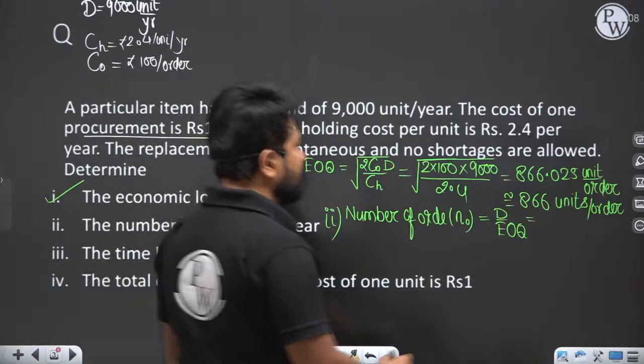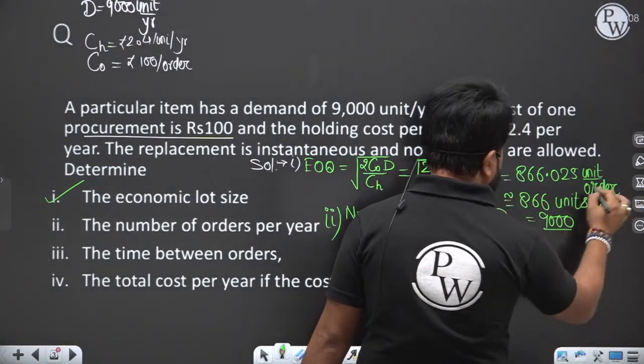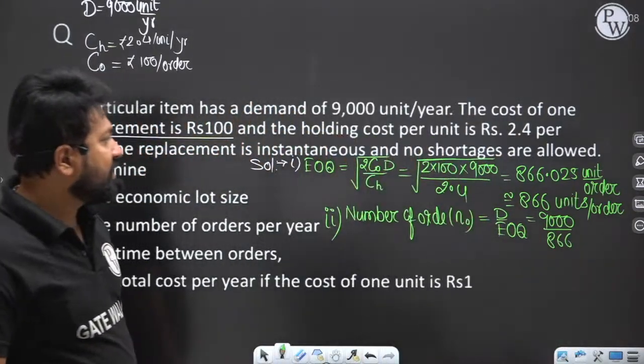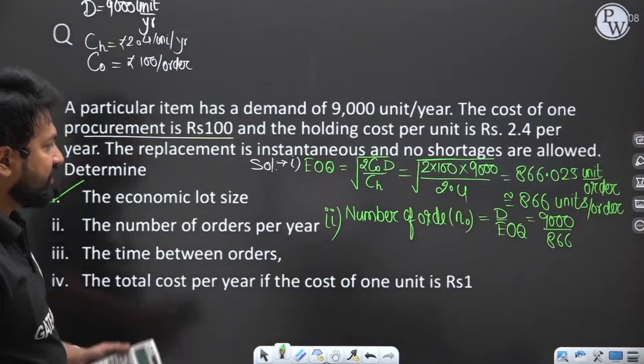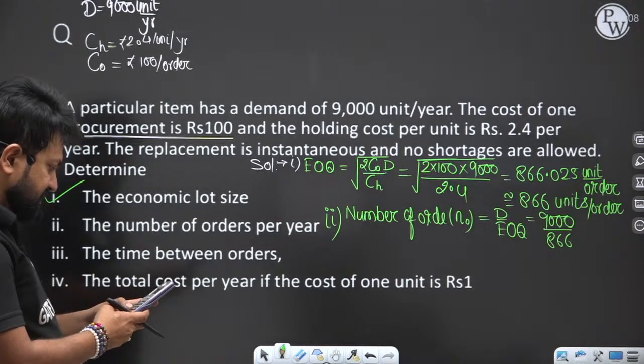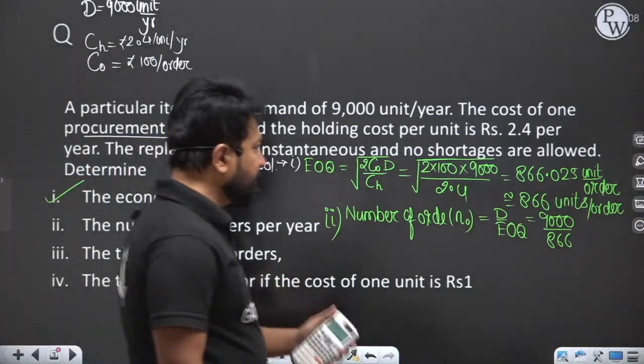Demand is 9,000 divided by 866. Now this number of orders will become 9,000 divided by the answer. So it will become 10.34, 10.4.